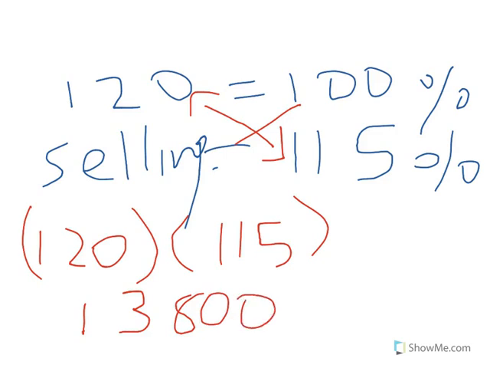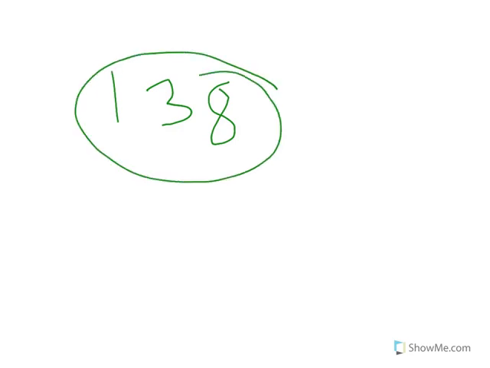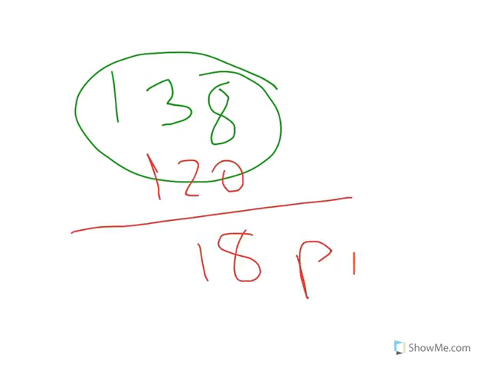Then just divide that by 100, and it gives you 138 as the answer. So 138 is the selling price, and the cost was 120, so 18 is the profit. 18 pounds is the profit. That's how you go, and that's how you figure it out.